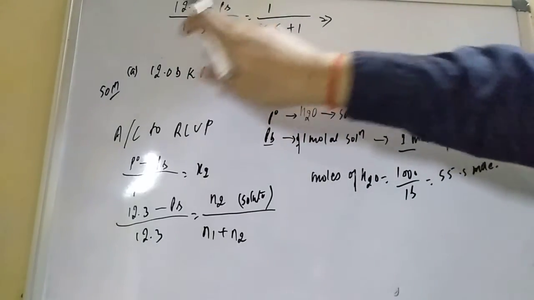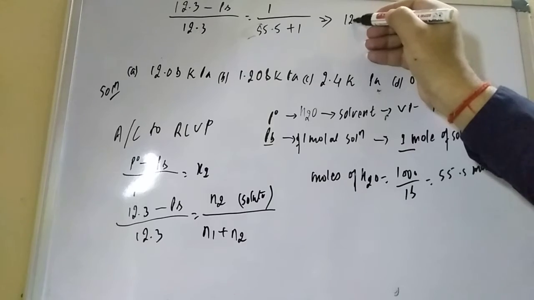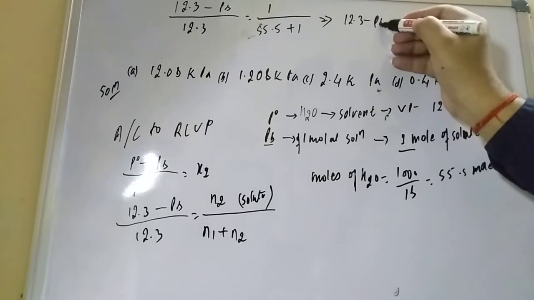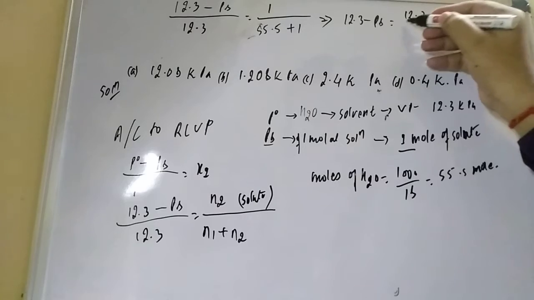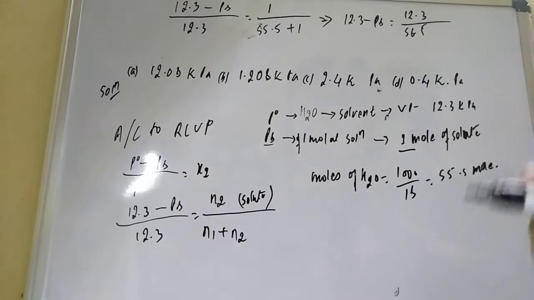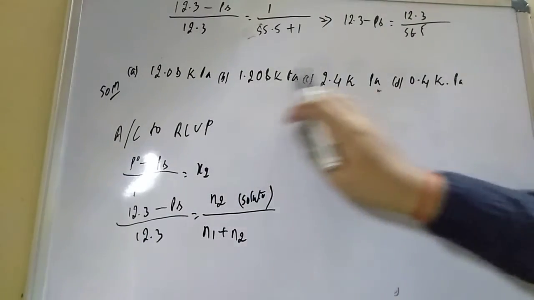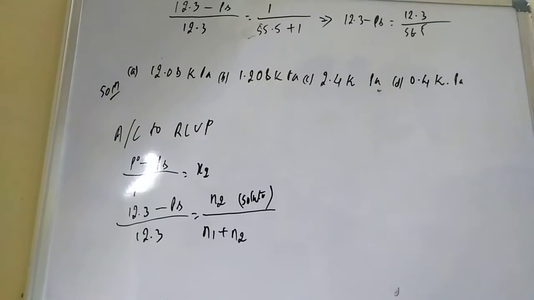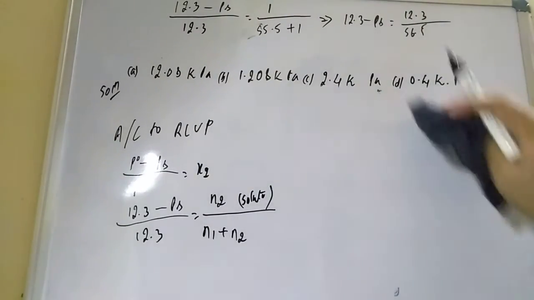So cross multiplying, 12.3 minus Ps equals 12.3 upon 56.5. Now you calculate 12.3 by 56.5. How much will it come, student?